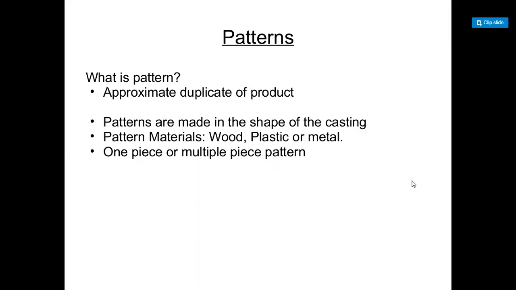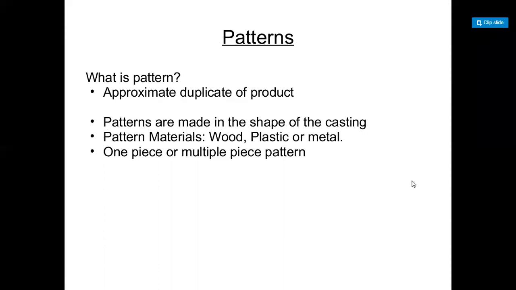It should be the same shape as the product, a duplicate product. The patterns are made in the shape of the casting. What we require as the object, we can make with the duplicate product.